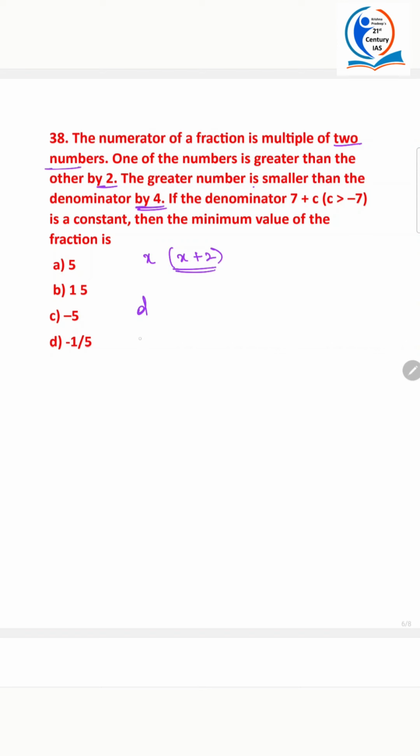Which means x plus 2 is smaller than the denominator by 4. This is the equation we will get from this particular statement. Okay.